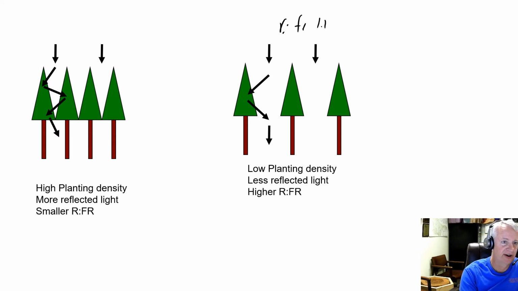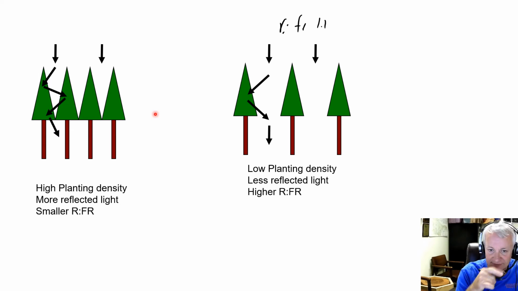But when trees are growing closer to each other, they're seeing more and more radiation that's been reflected off of adjacent plants. So for instance, this tree, some of the radiation it's encountering has been reflected from adjacent plants.